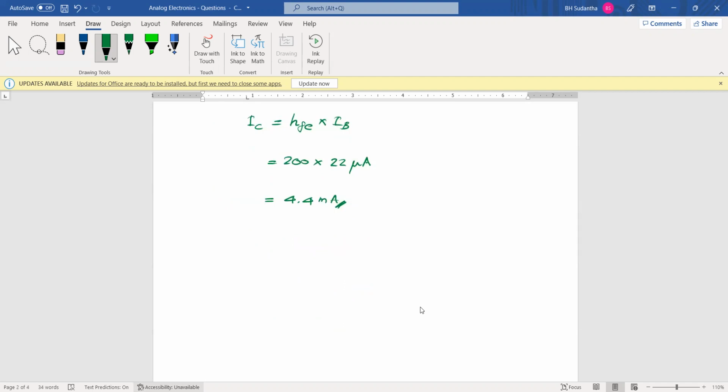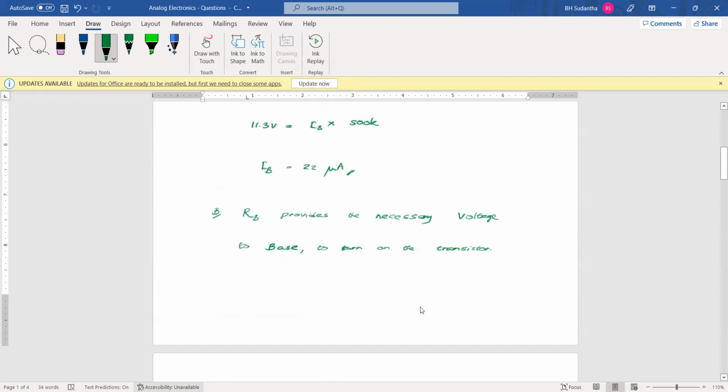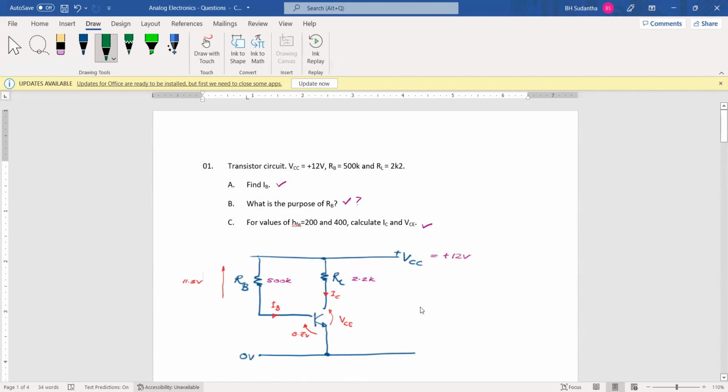We can see that HFE is equal to beta. Doesn't matter. Beta 200 or beta 400, you can take it like that also. HFE is also a different name for beta.